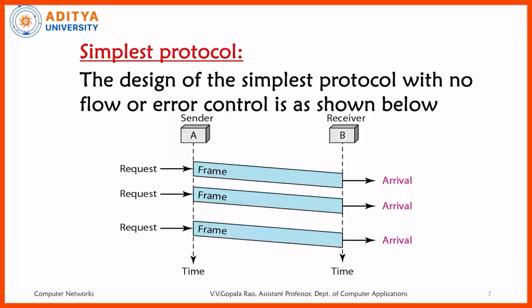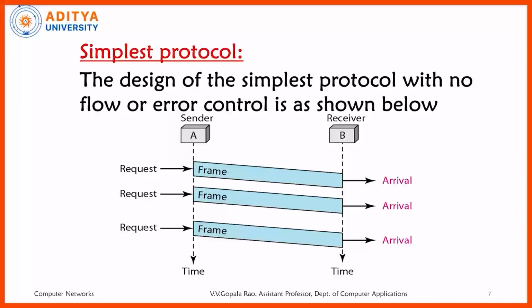In the simplest protocol, as I am showing on the screen, you find sender A and receiver B, and there are certain colored frames, one word used called request, and on the other side, arrival.